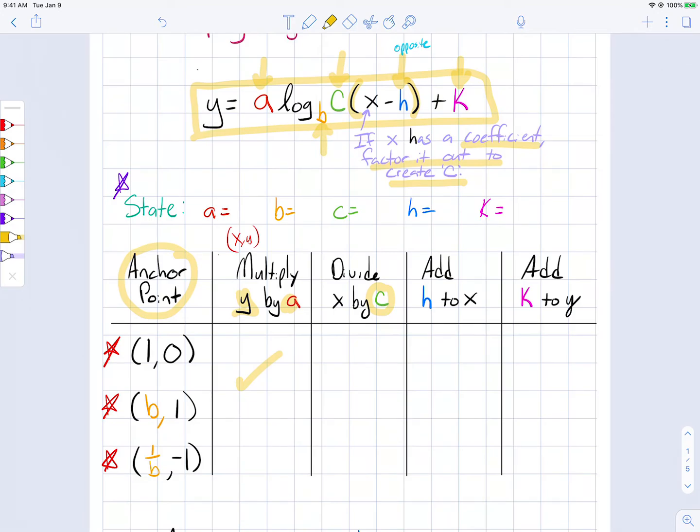Now, if c happens to be 1, you don't have to do these steps. If a was 1, you also don't have to do these steps because multiplying or dividing by 1 doesn't change anything. Then you're going to add h to your x value. And again, if it's not there, it's adding 0, you don't have to do that step. And lastly, you're going to add k to y.